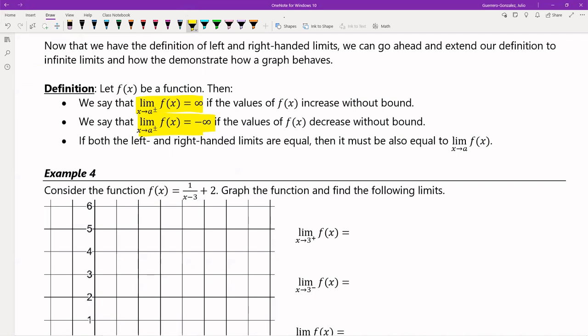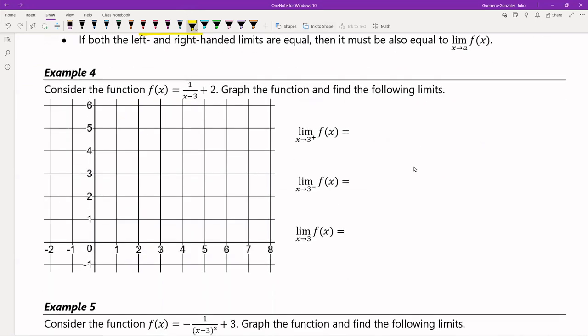All right, so an example of what I'm talking about. Okay, so we have this function right here. It's a little bit of a pop quiz from pre-calc. You guys should be able to recognize that this function has two asymptotes.